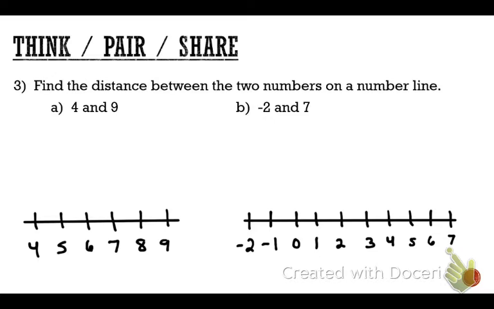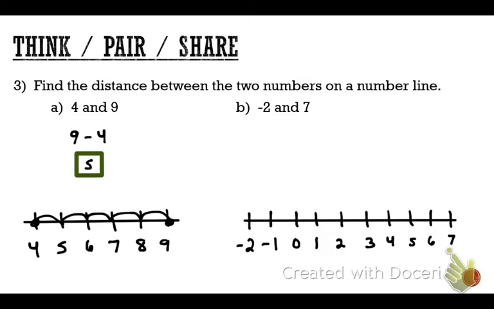I taught you long ago you take the biggest number and subtract the smallest number. What's the bigger number out of 4 and 9? 9. So 9 minus 4. What's 9 minus 4? 5. So the correct answer is 5. Or you could have started at 4 and hopped over 1, 2, 3, 4, 5 times until you got to the 9.